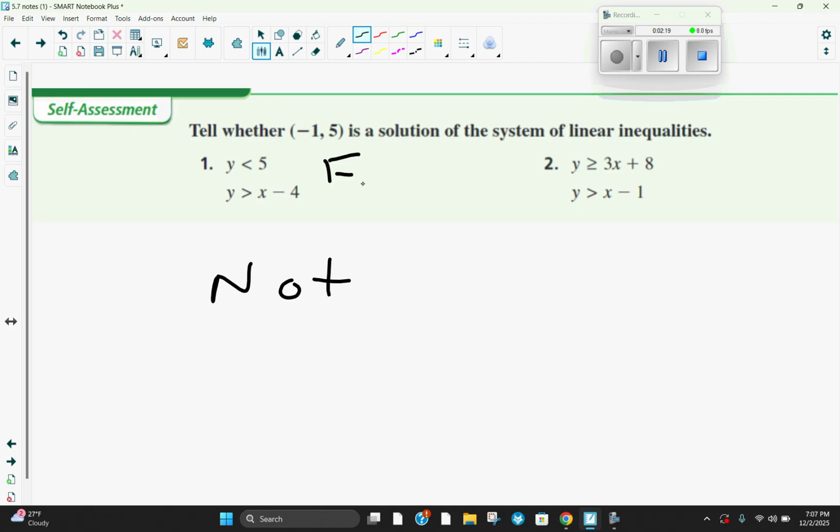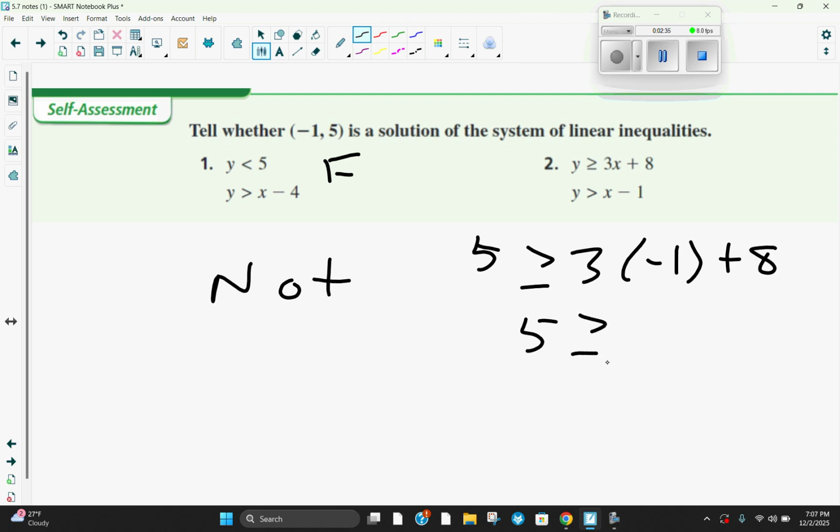Okay, so then we go to number 2. I'm going to put 5 in for y greater than or equal to 3 times negative 1 plus 8. So 5 greater than or equal to negative 3 plus 8. 5 greater than or equal to 5.